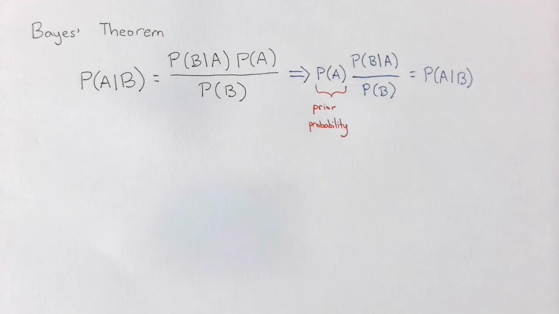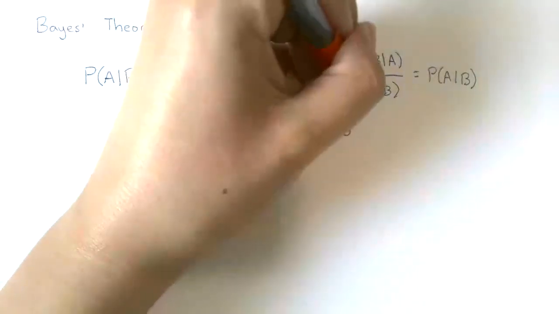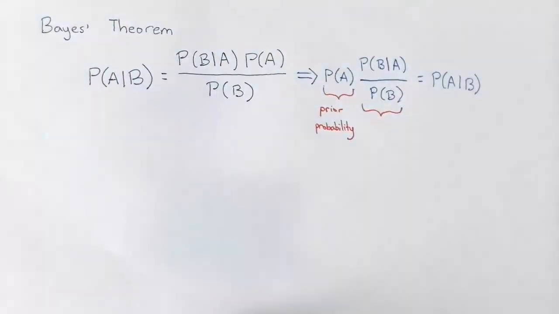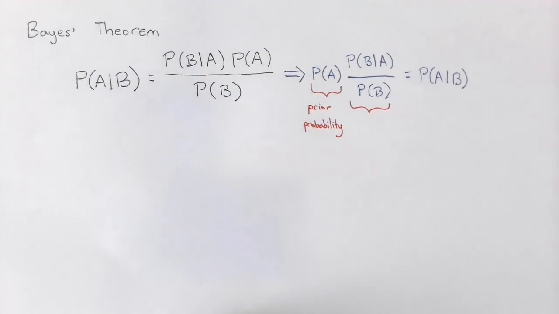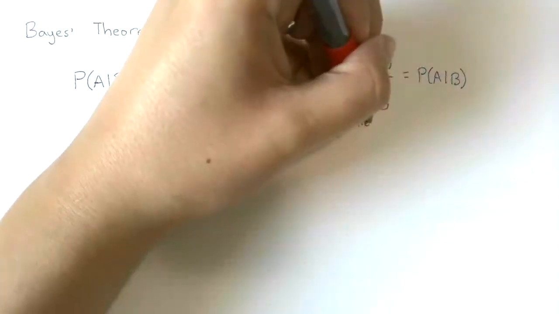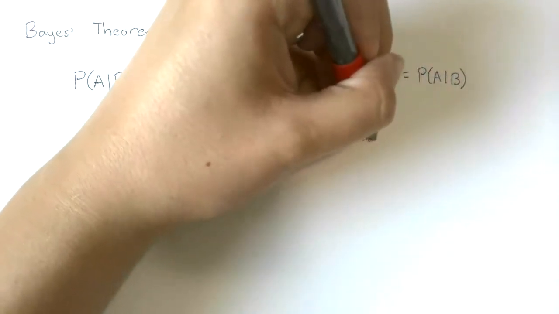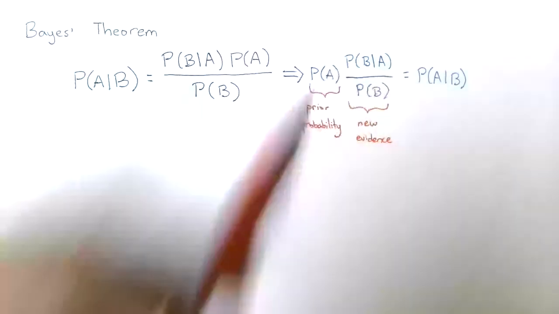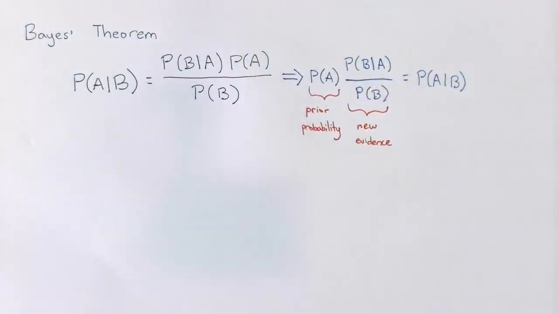But then the new evidence comes in the form of the probability of B. So if we look at this, which we're going to call new evidence, the question is, what does this really mean?